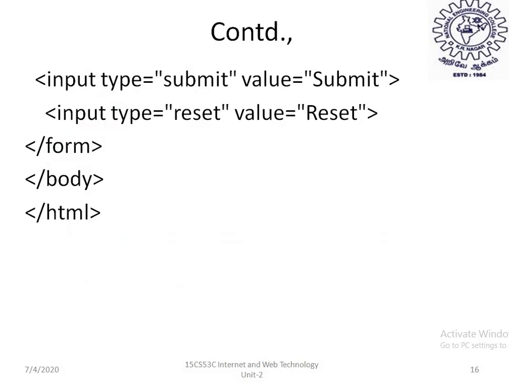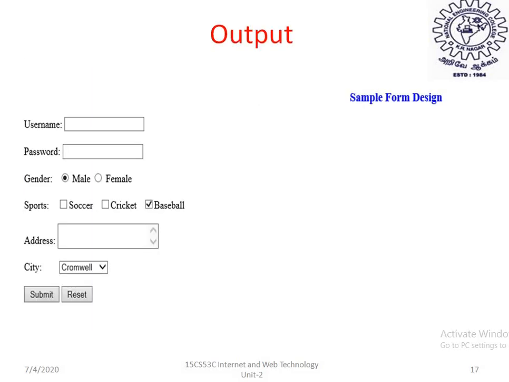Let us run this program. To save the application, you have to save the file as name.html. After saving the file, it will be displayed like a browser symbol. When you double click the browser symbol, it automatically displays the output.